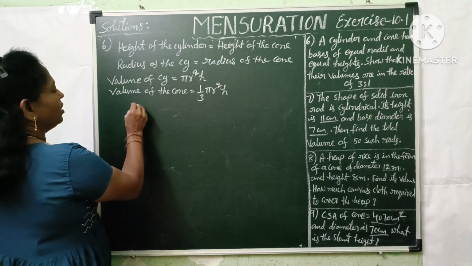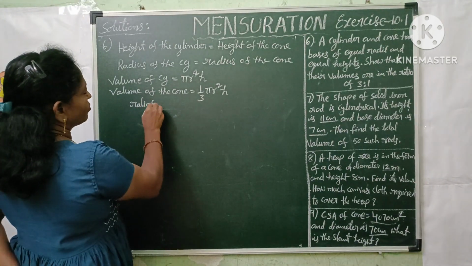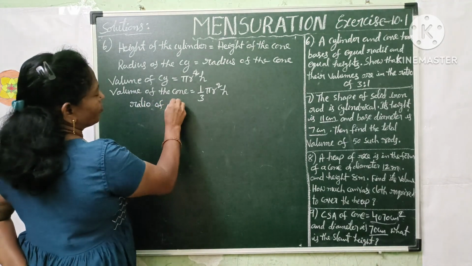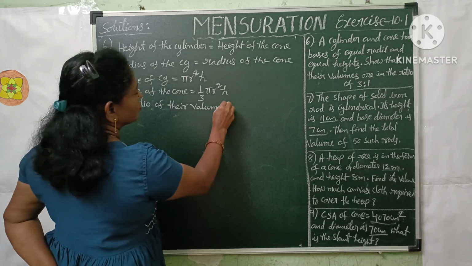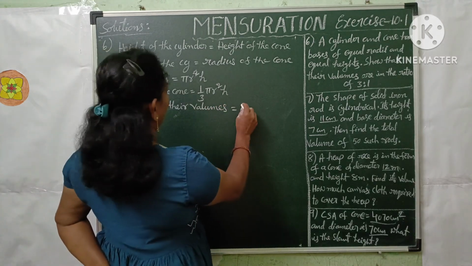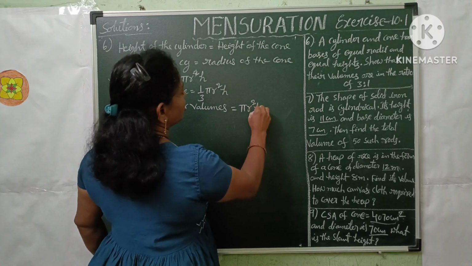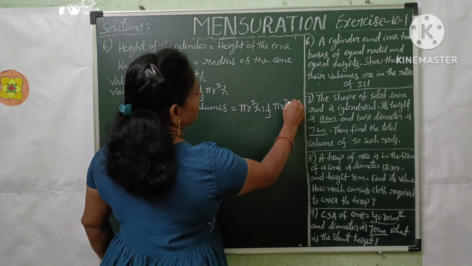So the ratio of their volumes is equal to pi r square h is to 1/3 pi r square h.